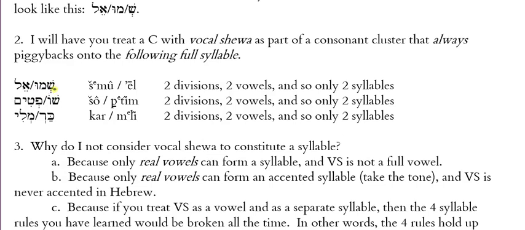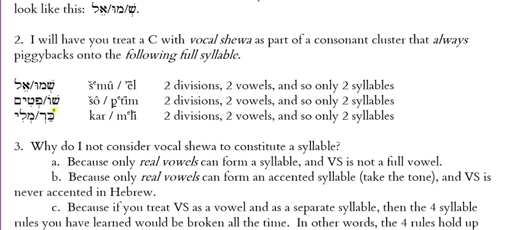So here, if vocal shiva does not constitute a vowel, then I only have 2 vowels, the shurik u and the sere a. Shmu / el. I have 2 divisions, Shmuel, 2 vowels, u-a, and so only 2 syllables. Okay? Ross would put that division here. I'm not going to do that.